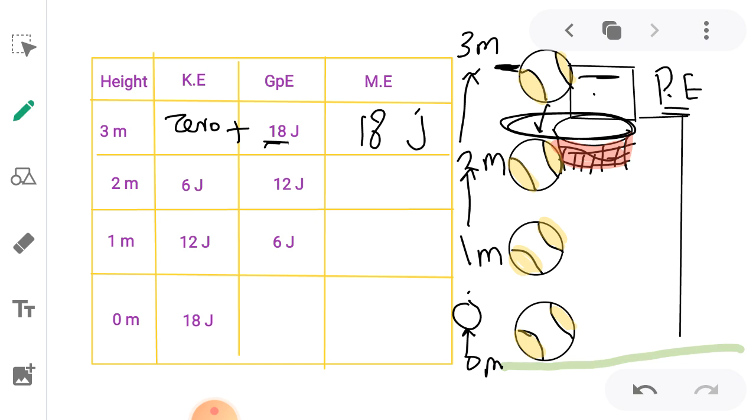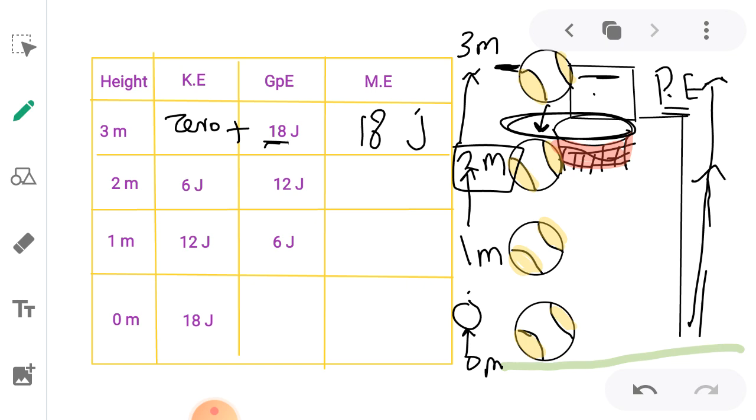Now the ball keeps moving downward. It's going to fall now to 2 meters. I want you to think with me here about the gravitational potential energy. The highest distance from the ground is 3 meters. Now that height decreases, the height is going to decrease.